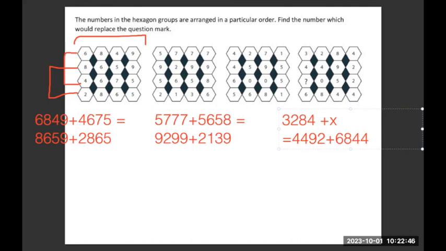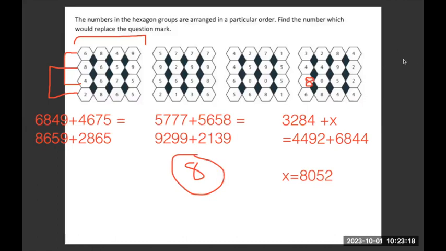So 4492 plus 6844 minus 3284. The number which will replace x will be 8052, which means the question mark will be replaced by 8. So 8 is the answer which we are looking at.